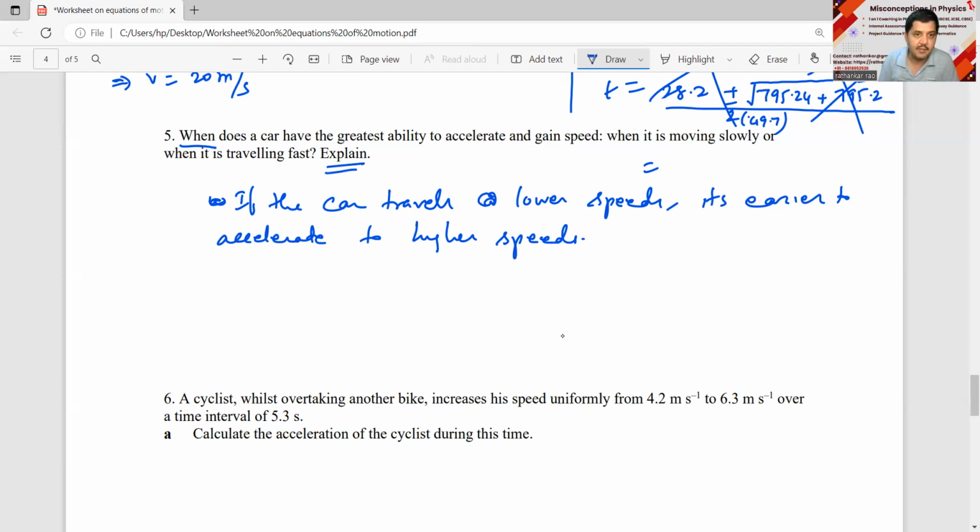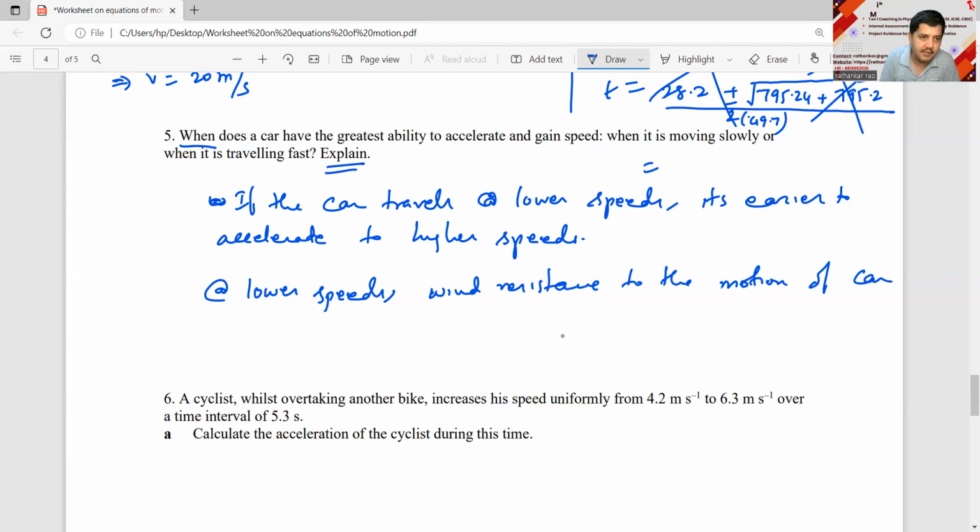Explain. What do you mean by explain? When you say explain, what do you suggest here? You should say that at lower speeds, wind resistance to the motion of car.